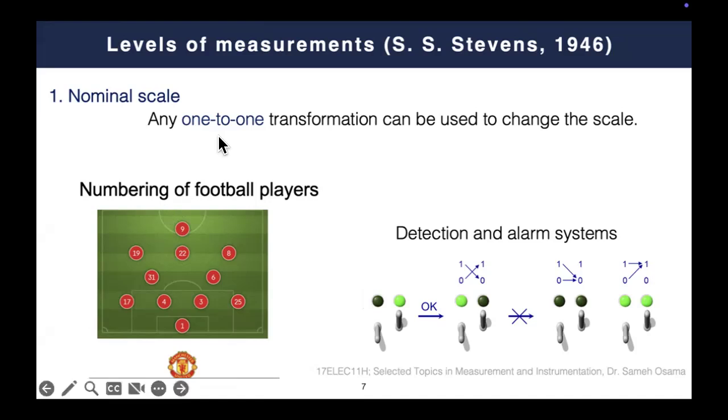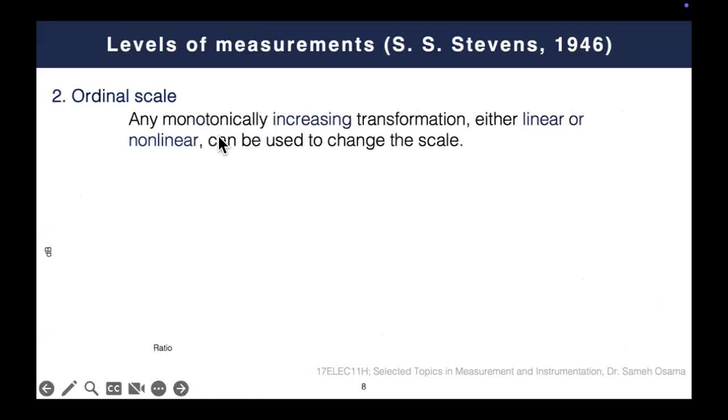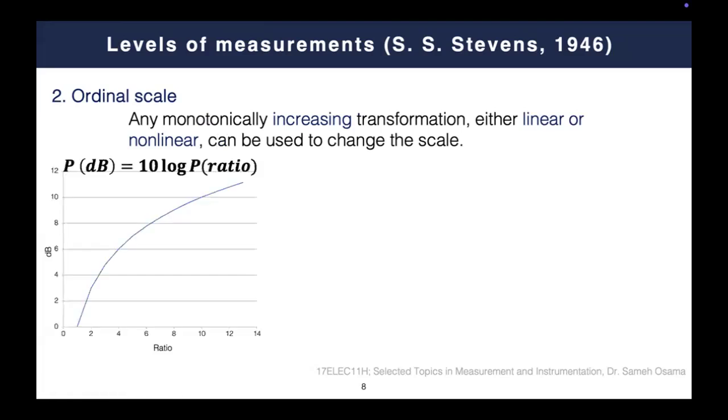The next scale is what we call the ordinal scale. One of the very basic examples of the ordinal scale is the relation between the decibel value and the ratio value. For example, I give it here for the power.